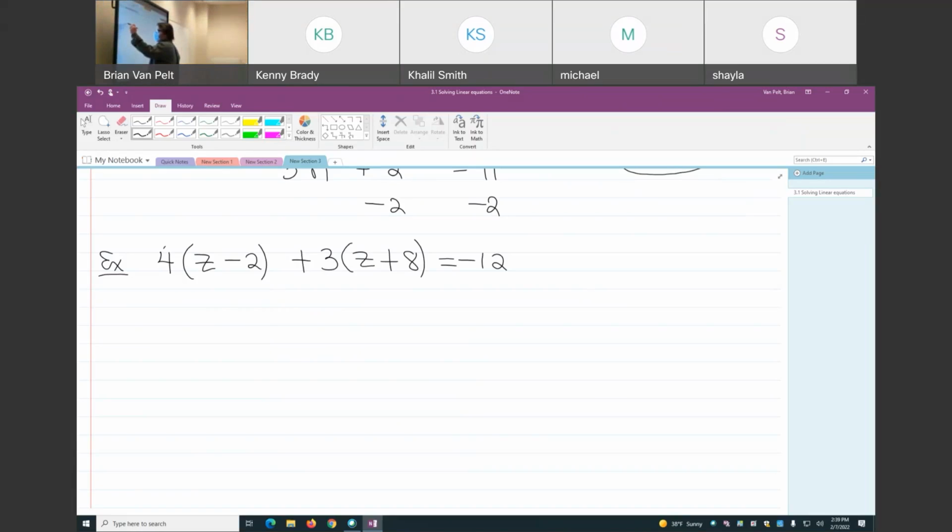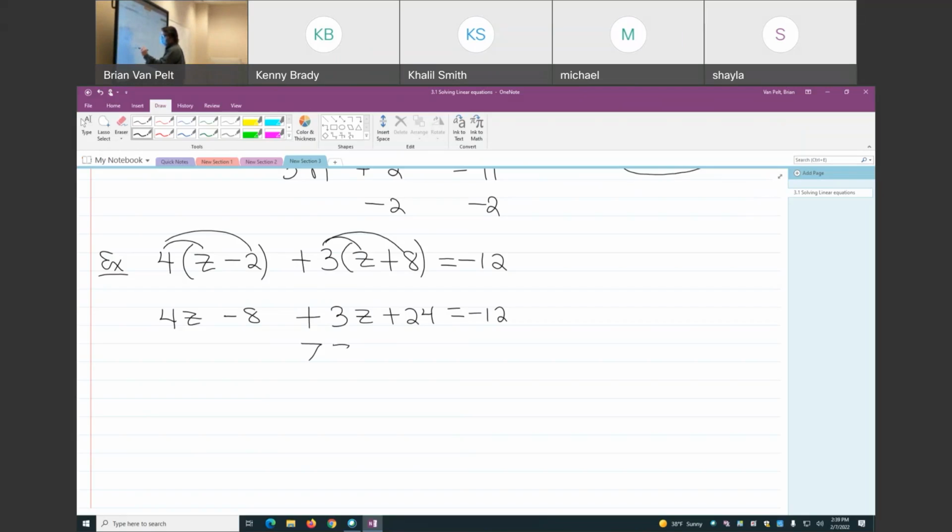This way, on the left, I'm going to see a 4z minus 8. Then I'm going to see a 3z plus 24. That equals negative 12. Now I can go ahead and combine my like terms.